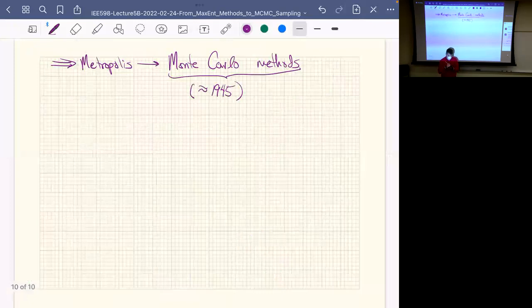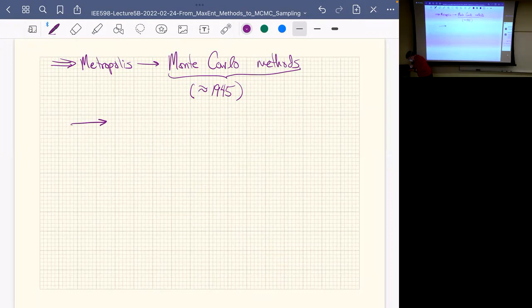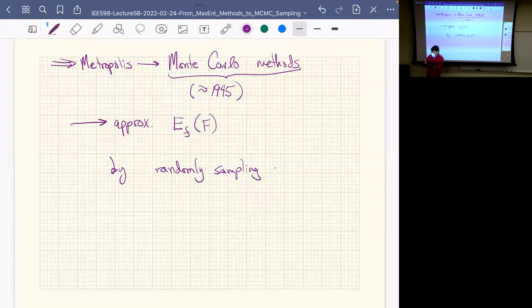So there are ways to sample, so we can approximate this expected value by randomly sampling uniformly from microstates and averaging.